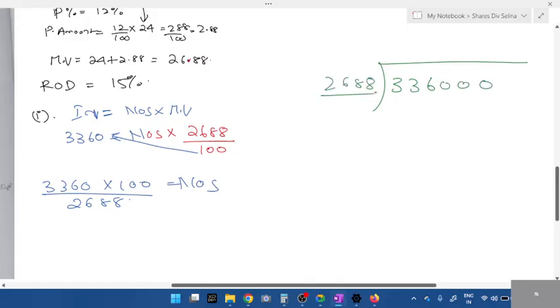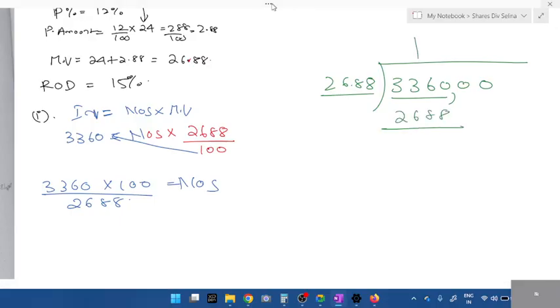See, there are 4 numbers, so take the first 4. That is 2688. You take 4; if it is less, you can take 5 numbers. Then when you borrow from this, 3 becomes 2, 13 becomes 12.